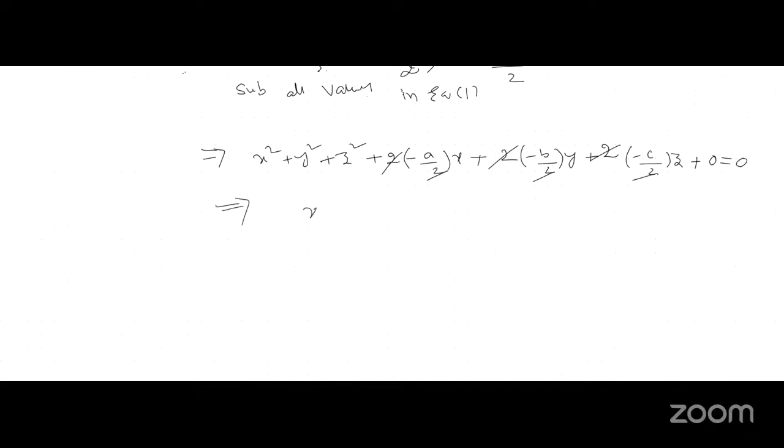So x square plus y square plus z square minus ax minus by minus cz equal to 0. So this is the answer.